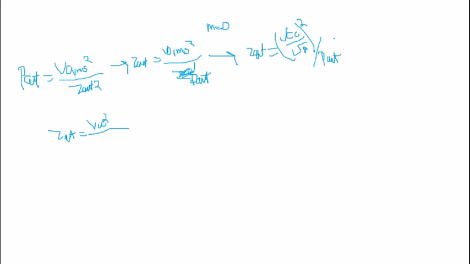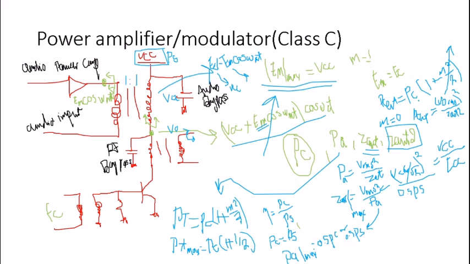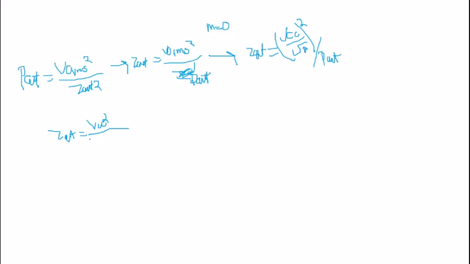We can modify this power of the output into a given quantity that we know, which, as previously mentioned right here, is only the power of the carrier. So you have 2 multiplied by the power of the carrier.